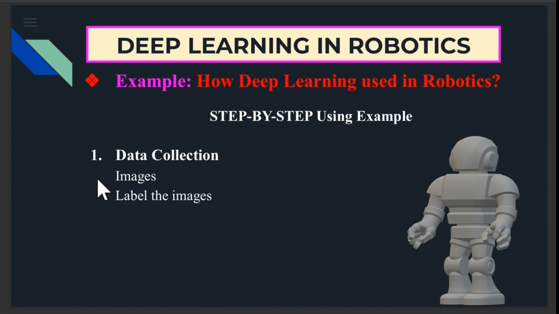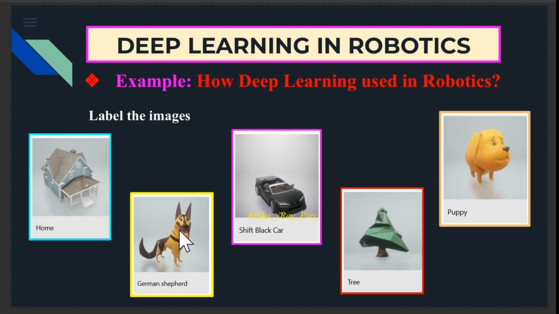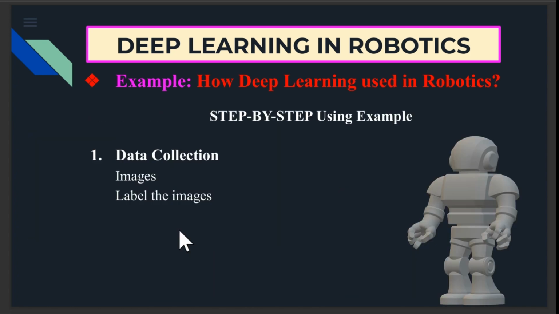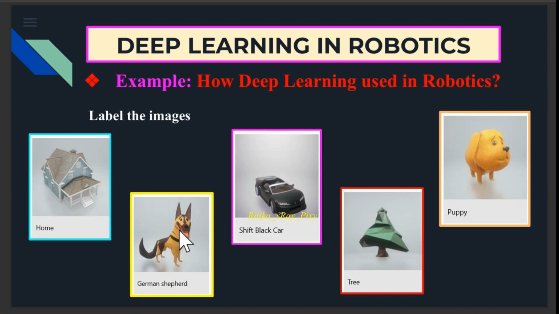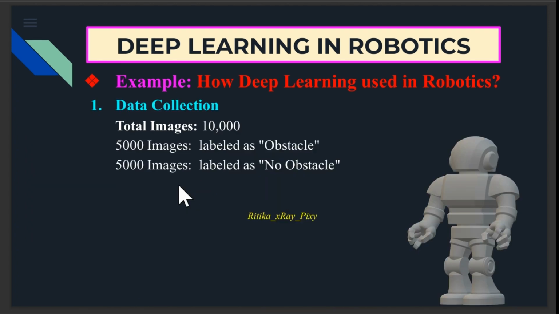The data we have here is images, captured by the robot's front camera. We will collect a dataset of images from the robot's camera. These images should include various scenarios like a clear path, or an obstacle on the left or right. Then we will label the data, with corresponding classes like obstacle or no obstacle.